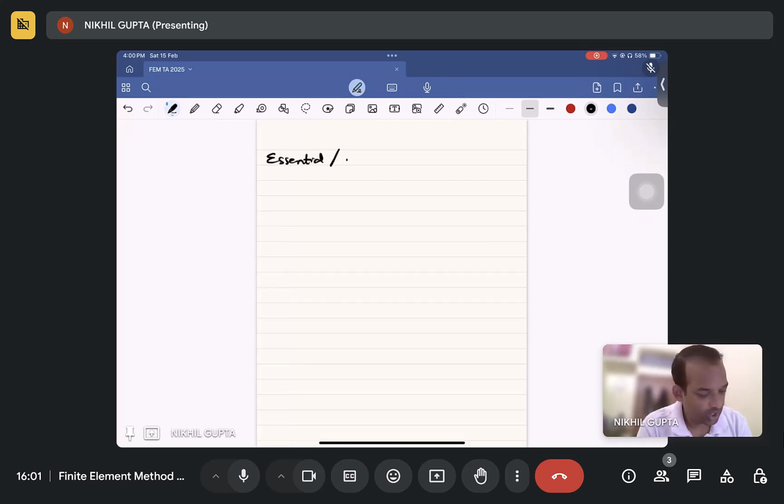Essential or Dirichlet boundary condition. What does the definition say?